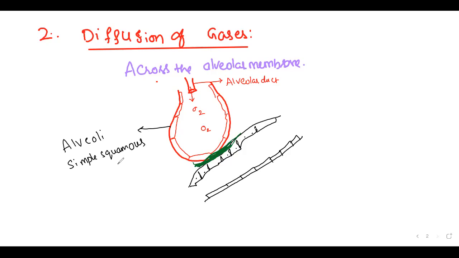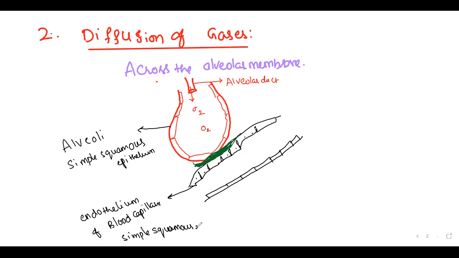Now this is the endothelium of the blood capillary, which is also made up of simple squamous epithelium. Then in between them, we find a basement membrane, between the two simple squamous epithelial layers of the alveoli and the endothelium of the blood capillary. What is this? This is the basement membrane.